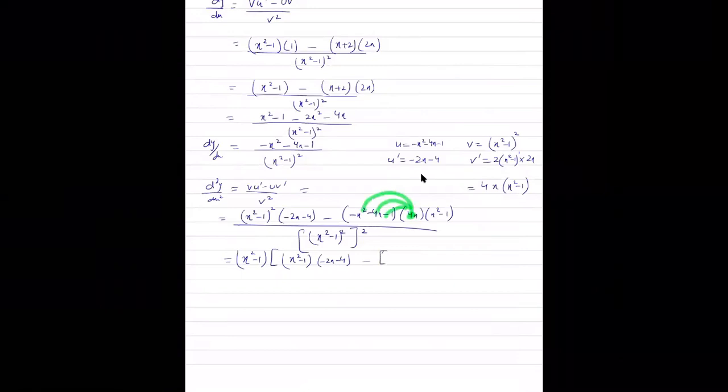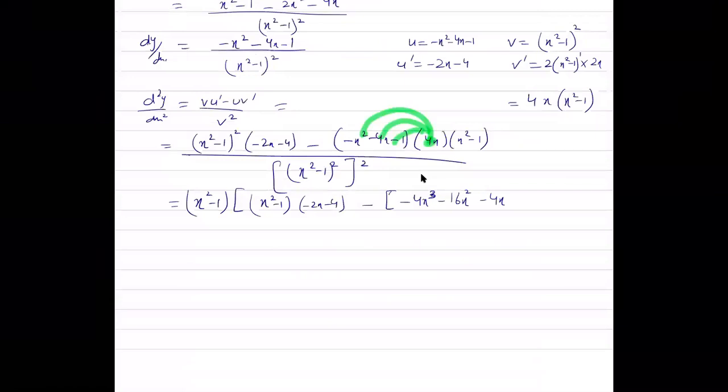So this is going to give me minus 4x squared minus 16x minus 4x cube, sorry, minus 4x cube, minus 16x squared and minus 4x.